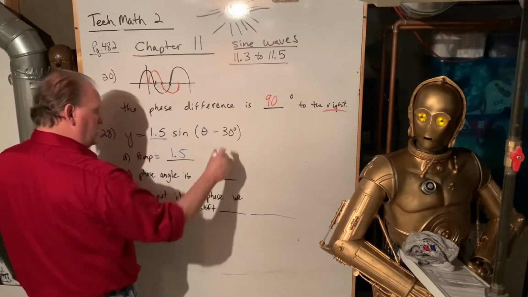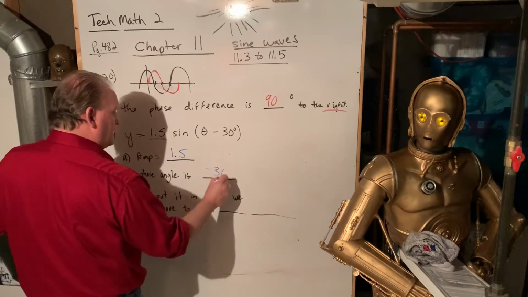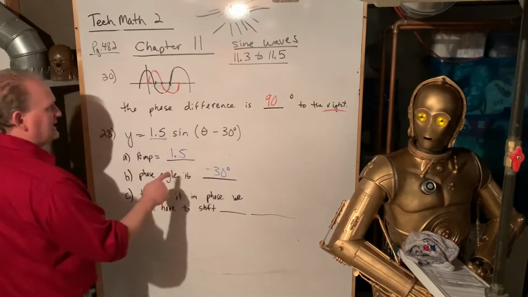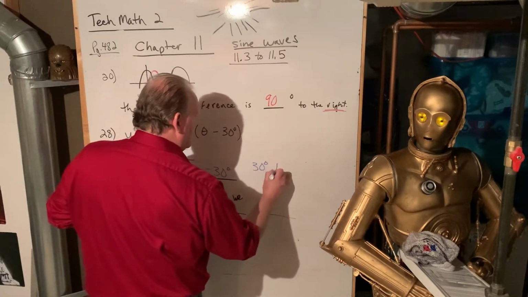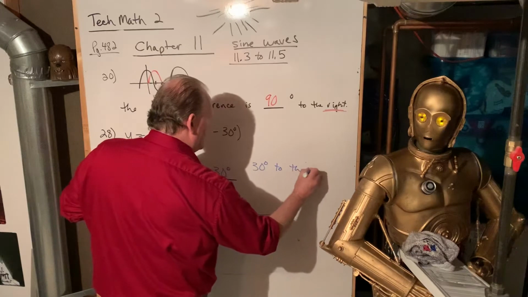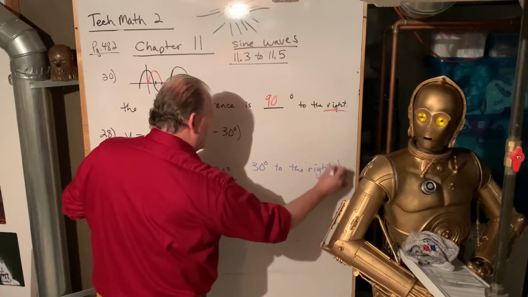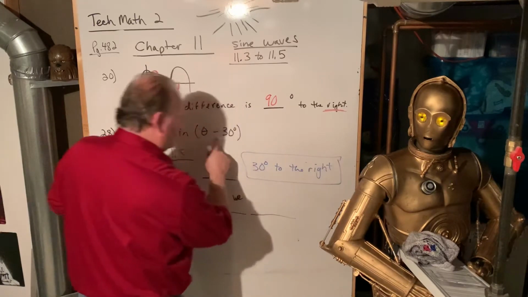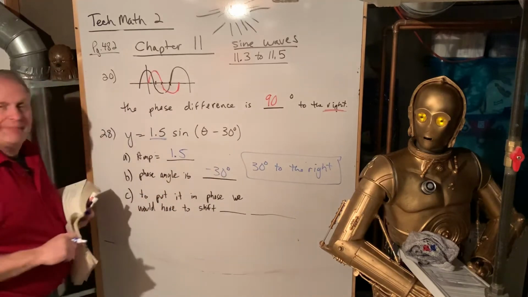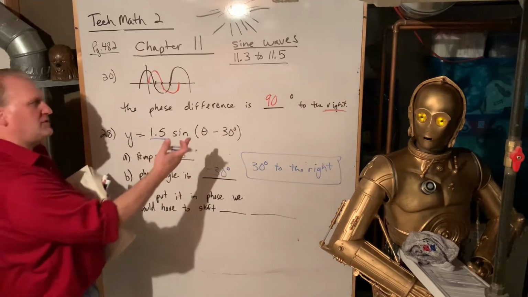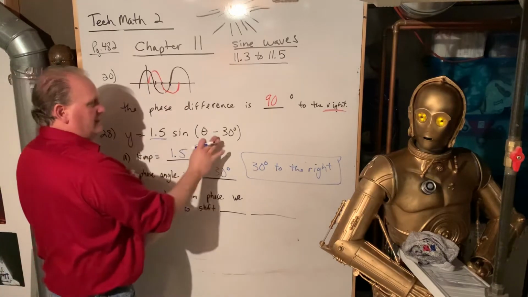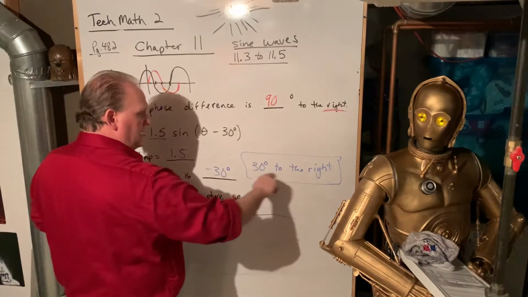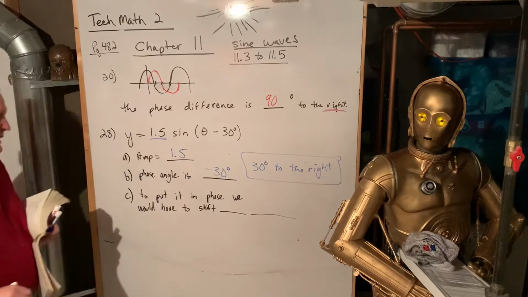This is sort of the shift. That's negative 30 degrees. But instead of negative 30 degrees, I'd rather you say 30 degrees to the right. That's actually what negative 30 does. It's kind of the opposite of what you would think. You would think, oh, that would shift it left. No, no, no, no. Plus shifts it left, minus shifts it right. And so that's 30 degrees to the right.